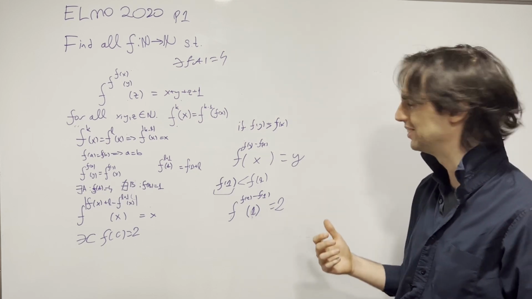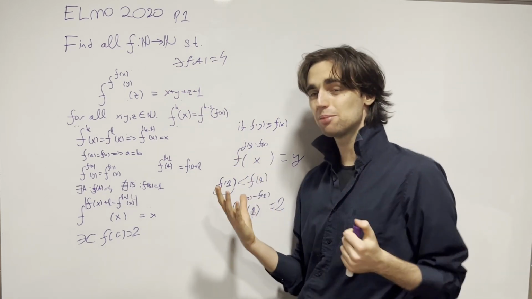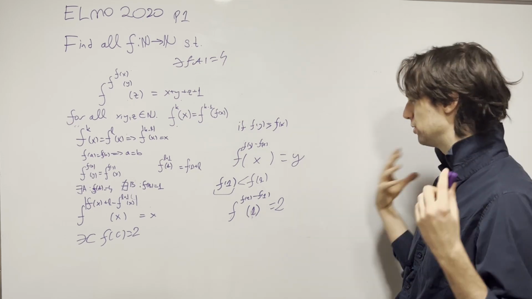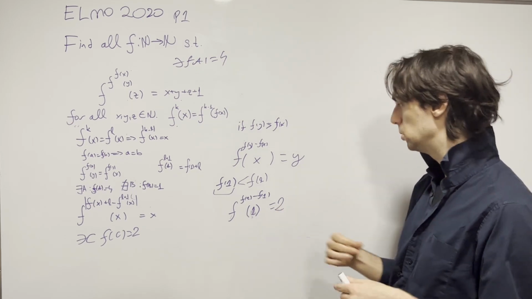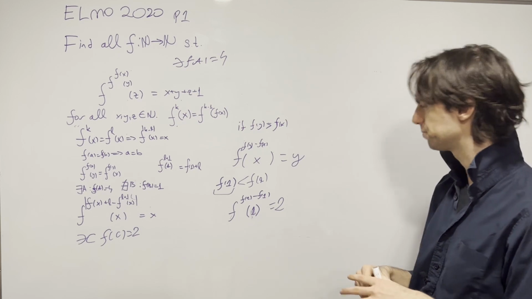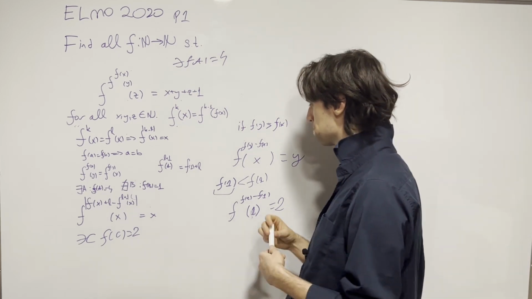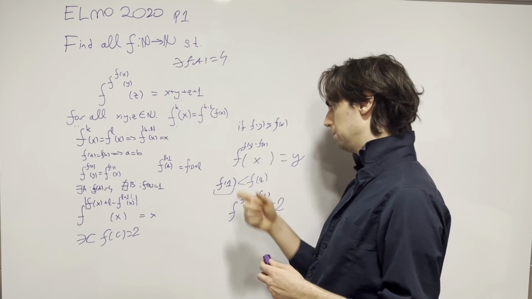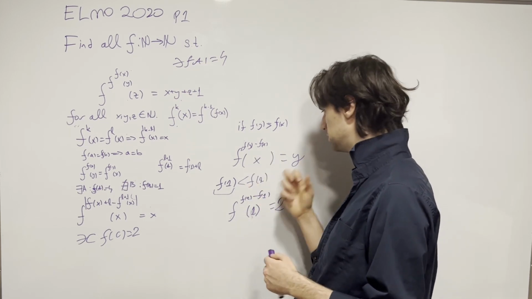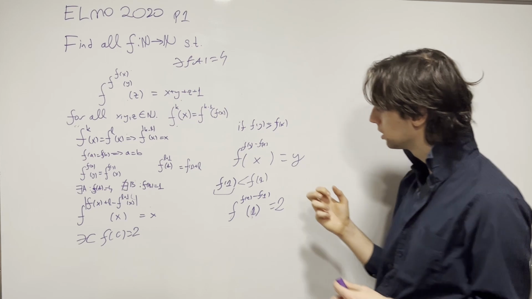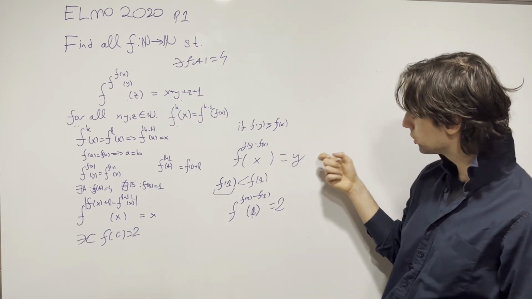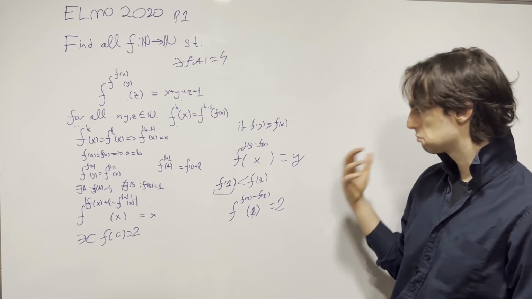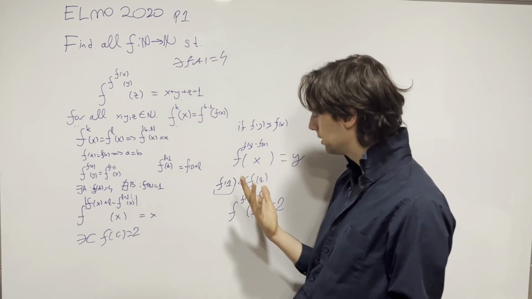Now what do we do? This is a cool little problem, I think, because of this sort of, you don't know what you're going to do. There are so many things you can do, you don't know what you should do. And, okay, so now we have this. F of x applied f of y minus f of x times is equal to y. And this also means that every number greater than or equal to 3 is going to be represented.